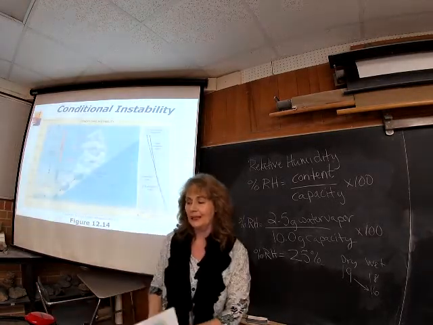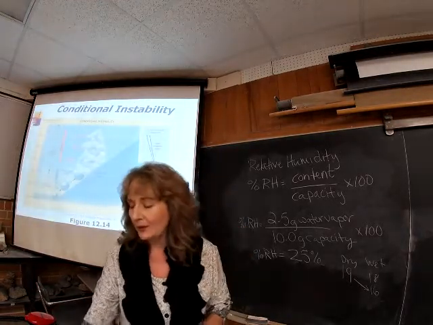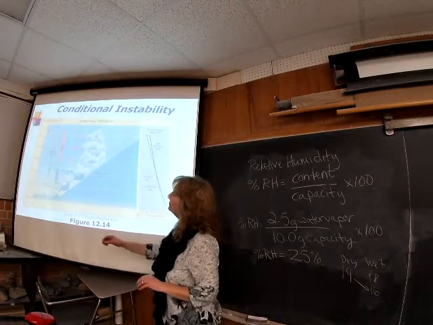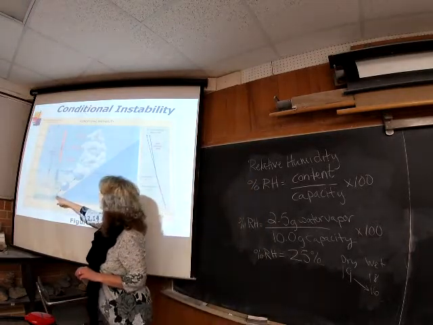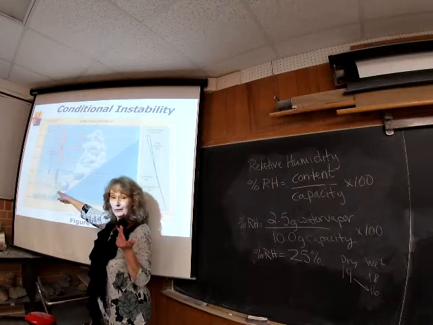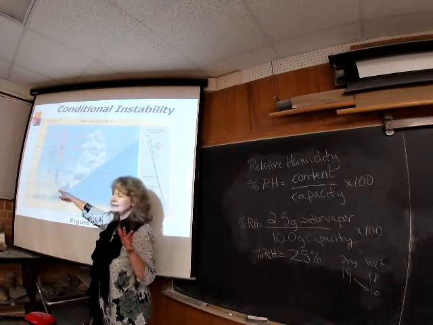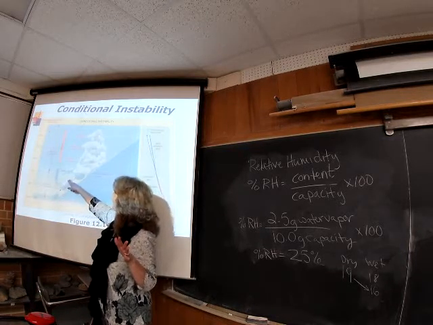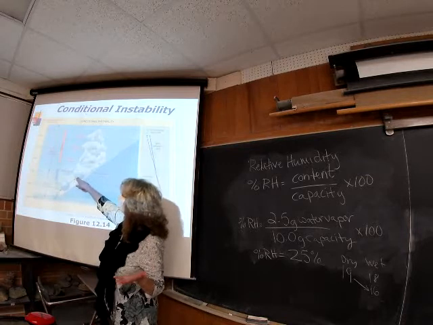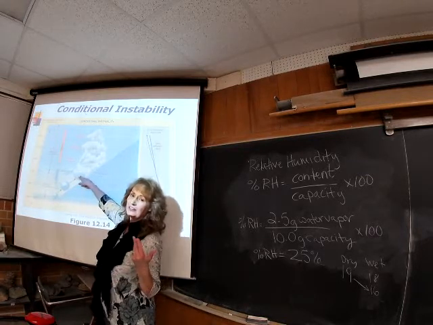Absolute instability. Conditional instability, the one we talked about: here the rising air is about 1 degree cooler, so that's very stable. Its tendency is not wanting to rise. Here the rising air is 2 degrees cooler, okay, still fairly stable.